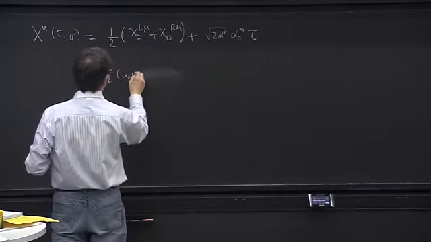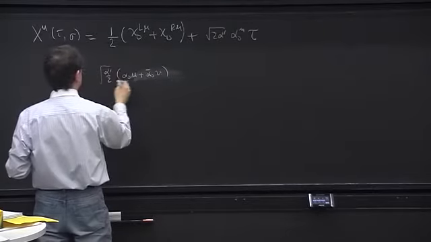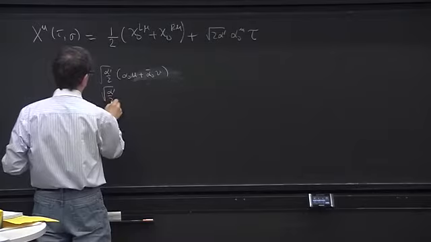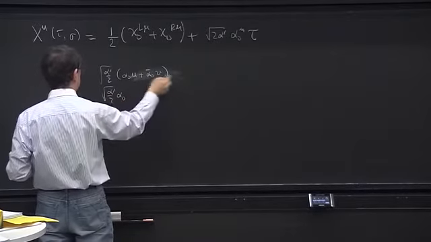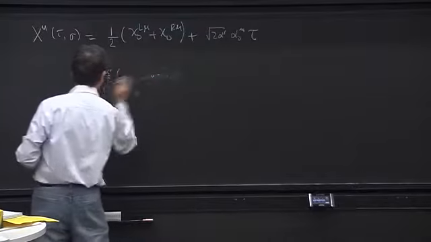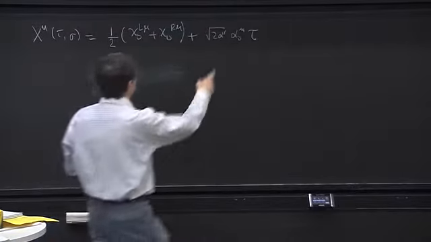It's alpha 0 u plus alpha 0 bar v, which is square root of alpha prime over 2 alpha 0. And you factor it because it's the same, and u plus v is 2 tau. So it's correct. No problem. OK, false alarm.